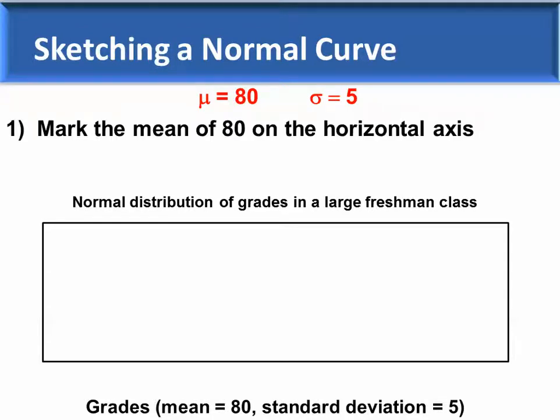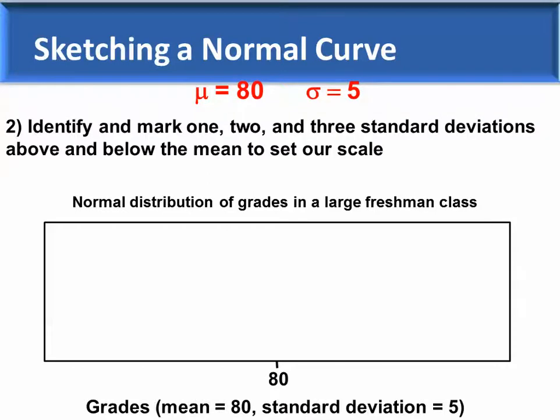So the first thing we're going to do is mark the mean of 80 on the horizontal axis. And because we know that this is the center point, we're going to put it right in the middle. Then we start to identify and mark 1, 2, and 3 standard deviations above and below the mean to set our scale. So whatever paper you're doing this on, you want to make sure these are measured the same measurement apart, but you want that 3 standard deviations to be pretty much over at the end.